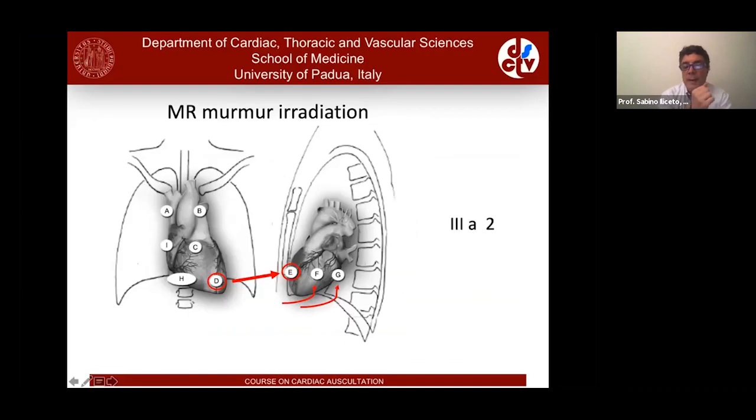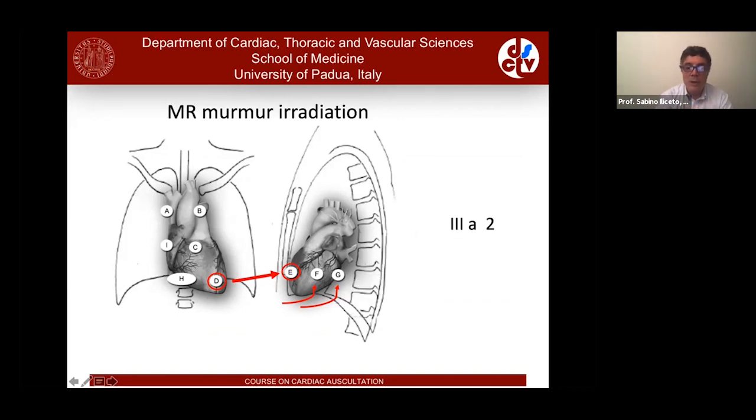Usually, if you have a mitral regurgitation, the murmur will have its maximum on D. Ventricular septal defect will also have more or less the maximum in the same area. The difference is that ventricular septal defect will irradiate through H, exactly in the opposite direction than the mitral regurgitation.